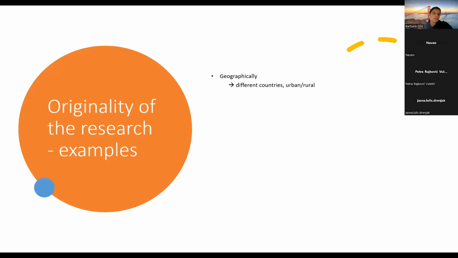For example, we can choose other concepts. If we want to develop physical literacy, it will be completely different in Croatia and in Slovenia. So that's the originality of the same topic. The same goes for urban and rural living areas.